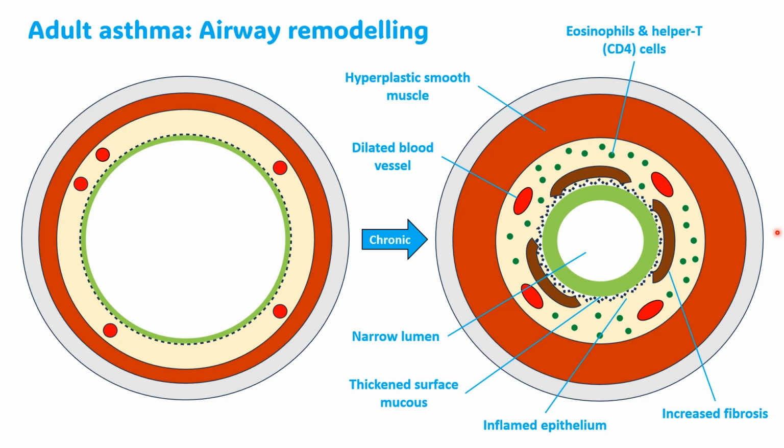So it's kind of feeding into the process. So it's in this hyperplastic state. There's more cells, and it doesn't have to be stimulated as much to be in a contracted state. So when we think about chronic asthma, we have the smooth muscle that's going to be in this contracted state.